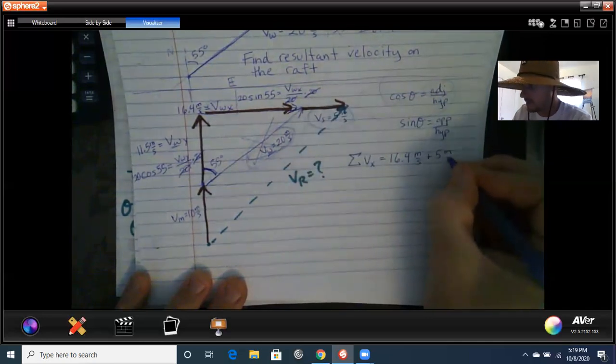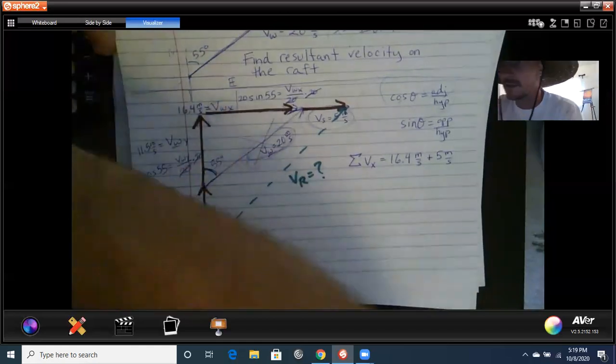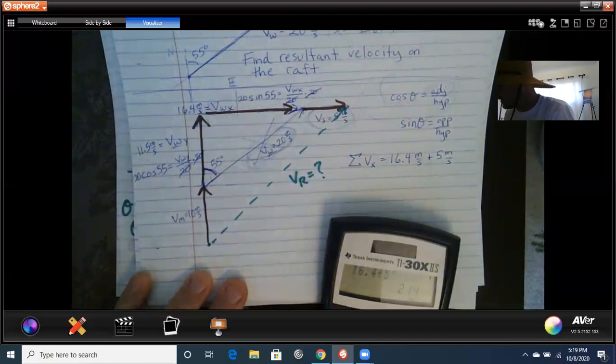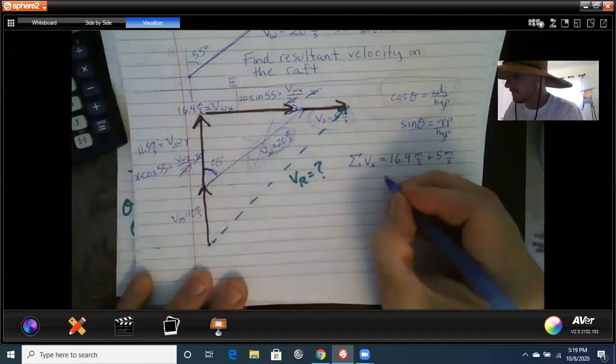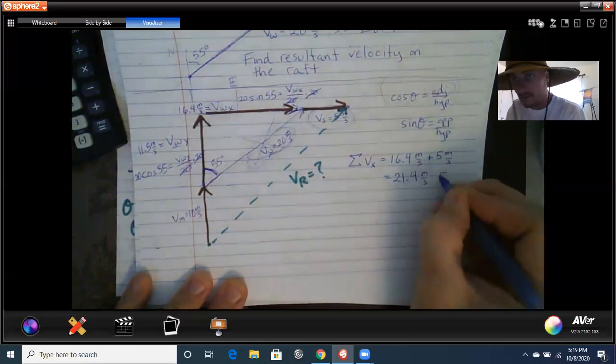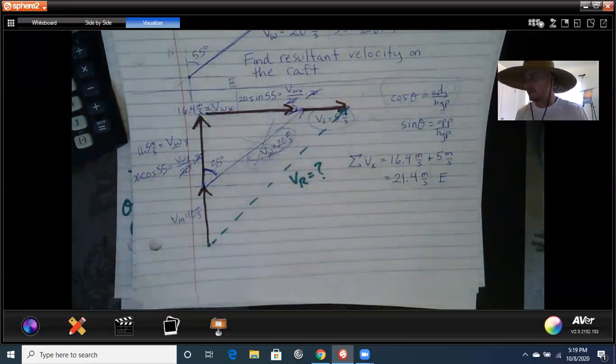They're both going east. That would give us, is that 21.4? I'm pretty sure it is. I just don't want to make any silly mistakes. 21.4 meters per second east, cool.